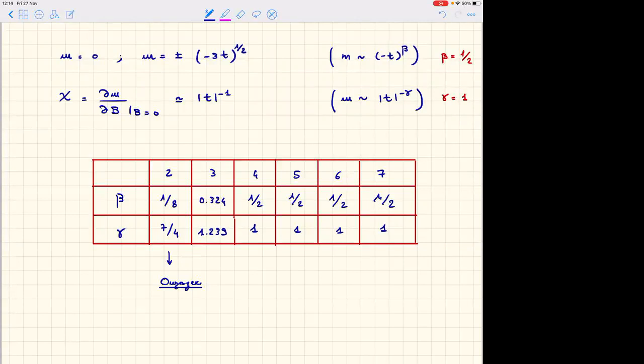When you increase the number of dimensions, the number of nearest neighbors increases significantly. At some point, the dimensionality is sufficiently large for mean field theory to be exact. And when it starts being exact, it's exact all the way to infinity.